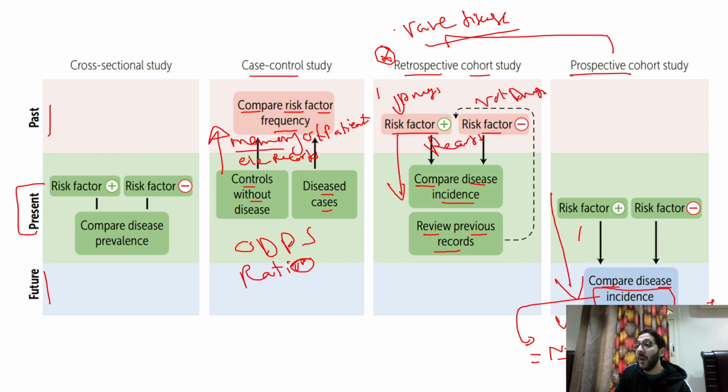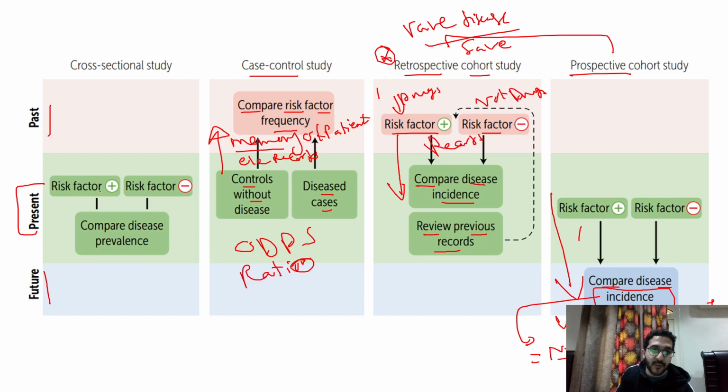So you have to make some compromises and use the retrospective to save time, because the records are already there. You're not going to waste more time. Prospective usually takes a couple of years of follow-up. So it's actually a lot harder.